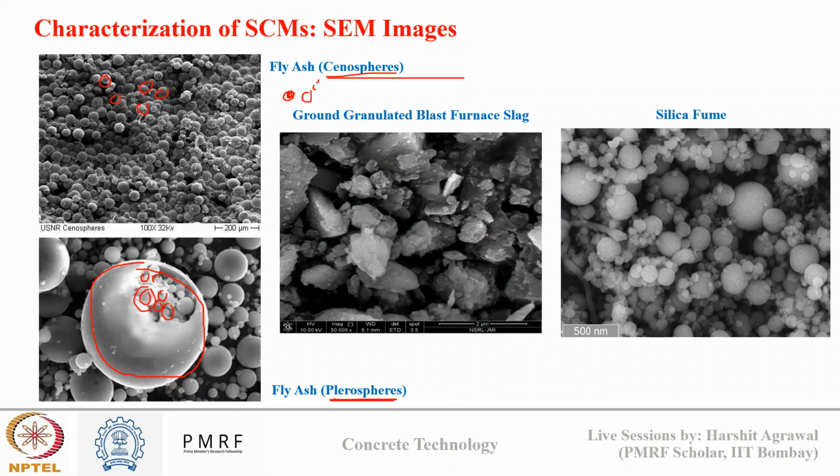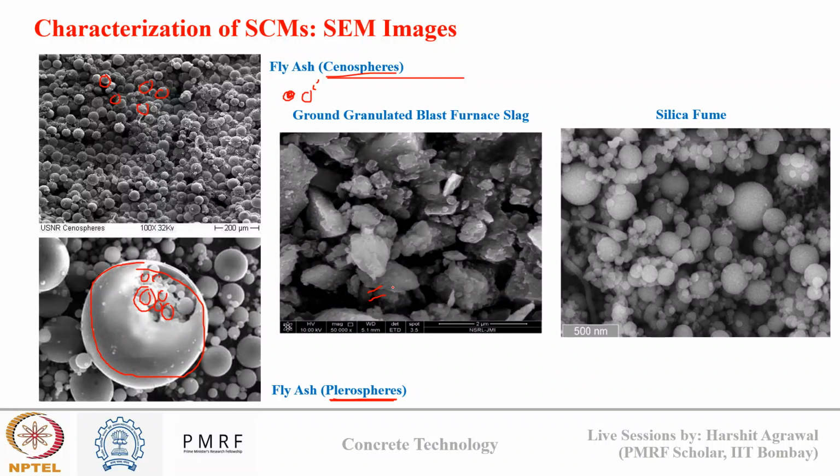After fly ash, we have ground granulated blast furnace slag. Unlike fly ash, which is spherical, GGBFS particles are angular and irregular. Why is this angular and irregular? Because of rapid cooling of molten slag followed by the grinding operation, and this grinding operation makes my spherical particles turn into angular and irregular ones.